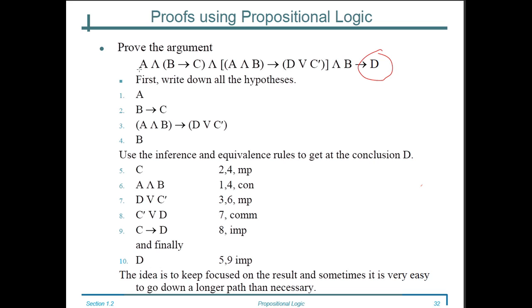So this here's our first hypothesis. This is the second. The third hypothesis is kind of lengthy. And then this is the fourth hypothesis. So if we look at the candidates, kind of like a puzzle, which pieces can we work with?